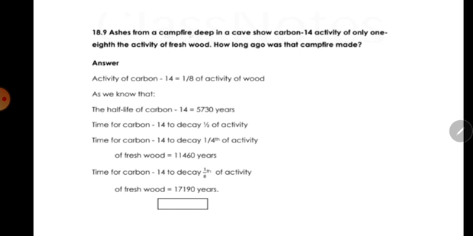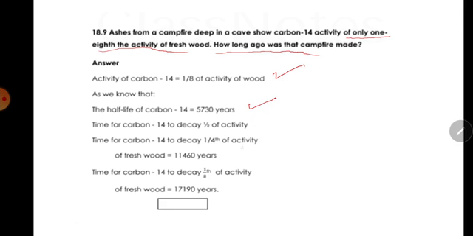Ashes from a campfire deep in a cave show carbon-14 activity of only 1/8 the activity of fresh wood. How long ago was the campfire made? This is the activity, and this is the half-life of carbon. You should memorize this one.